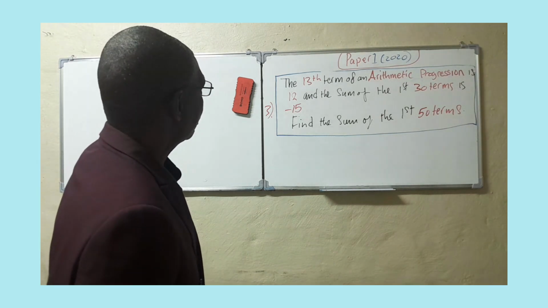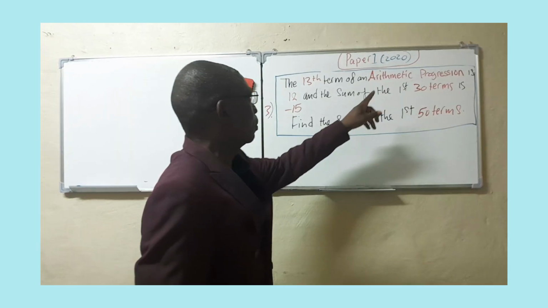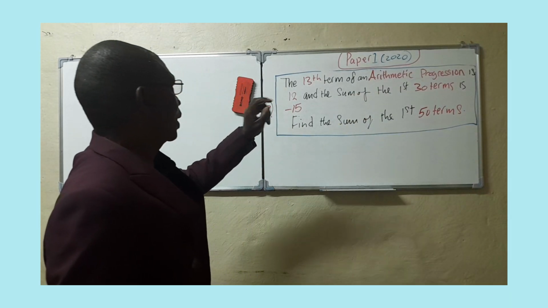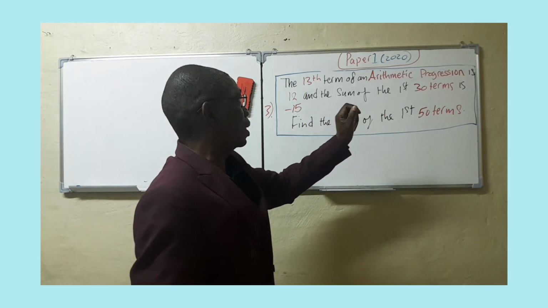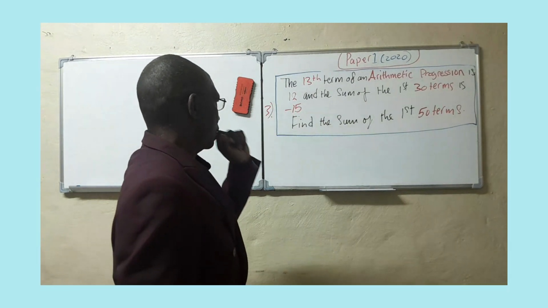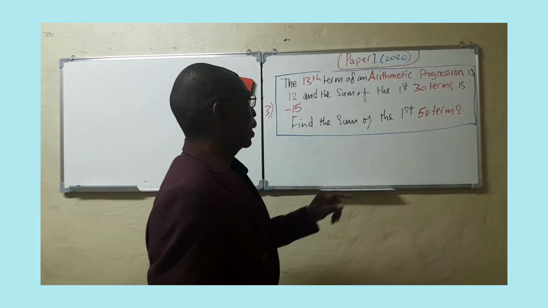Let's read it again. The 13th term of an arithmetic progression is 12 and the sum of the first 30 terms is minus 15. Find the sum of the first 50 terms.